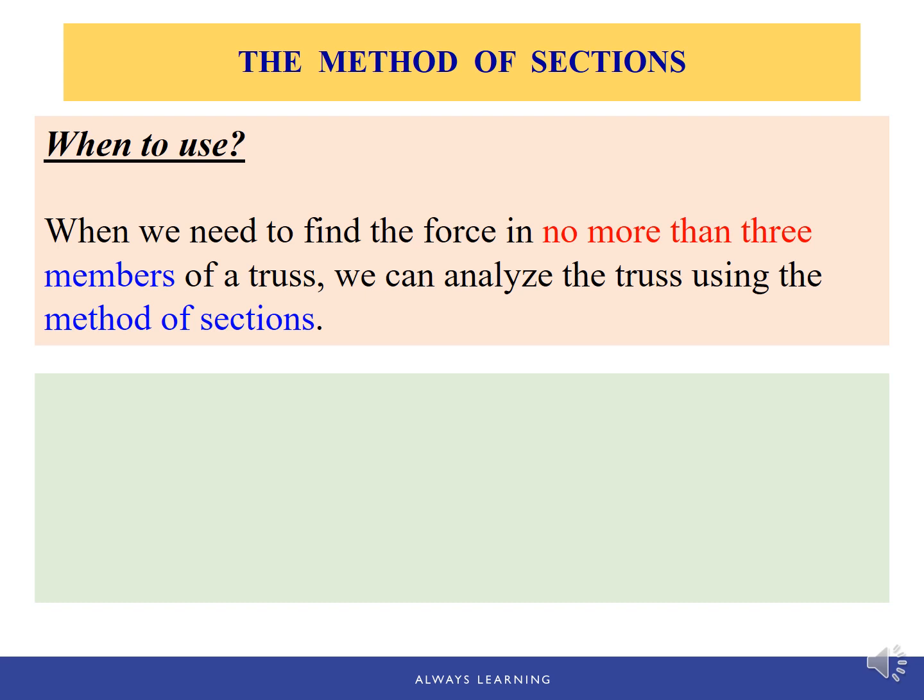So we need to go around the structure to analyze one pin after another. But sometimes if we just need to find the forces in 3 truss members or 2 truss members, then the method of sections probably is the method we're going to choose.